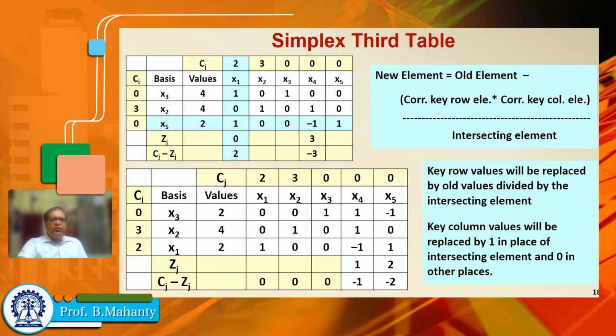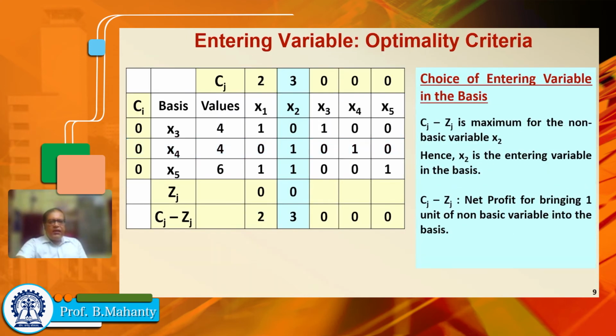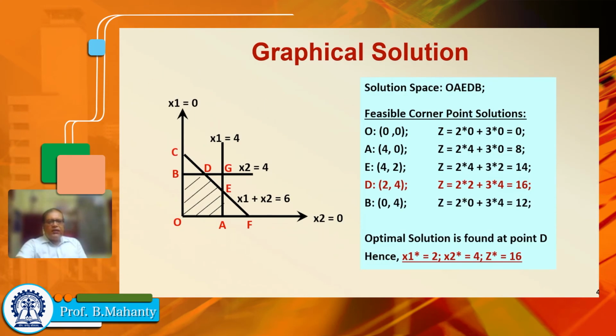So what has happened really? This is the third table, and the second table represented x1 equal to 0 and x2 equal to 4. And in the third table, x1 equal to 2 and x2 equal to 4. So let's go back to that graph once again and quickly convince ourselves that this is exactly what is happening.